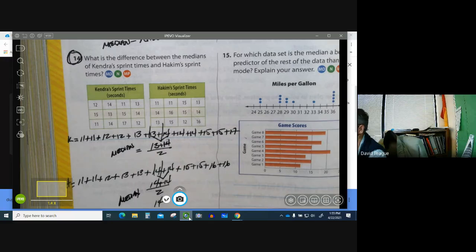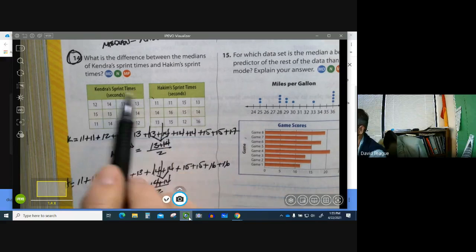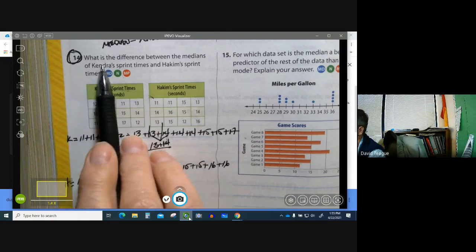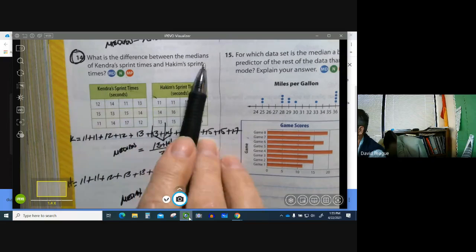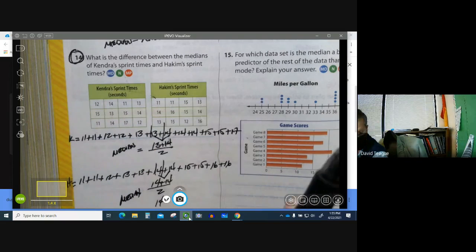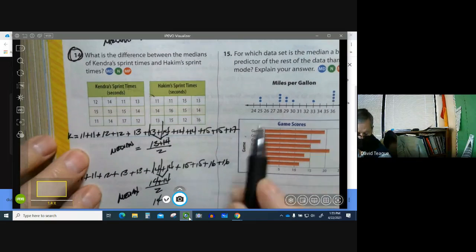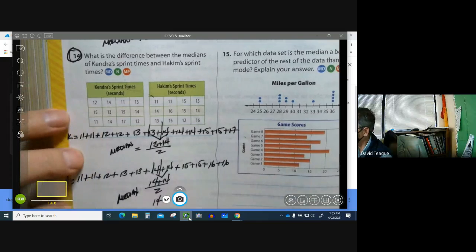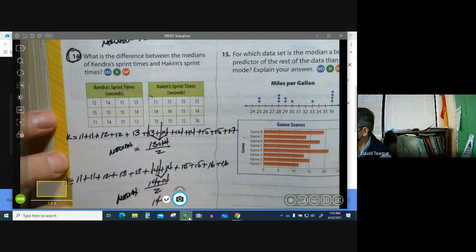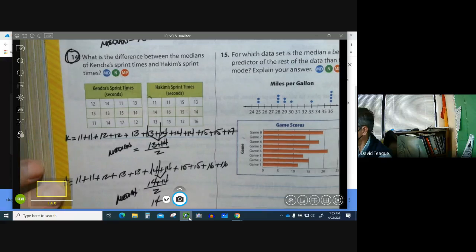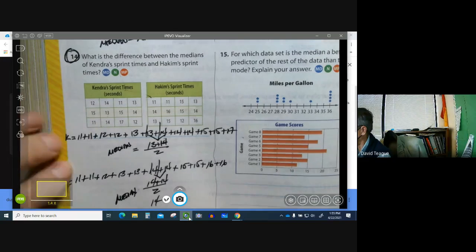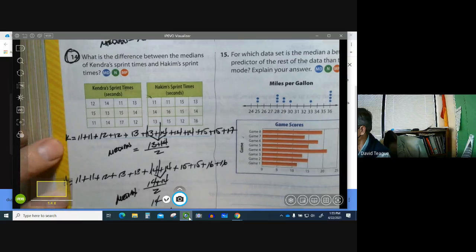Okay, but it says, what is the difference between the two medians? So you're going to have to subtract, right? So you're going to take Kendra's median minus Hakeem's median.